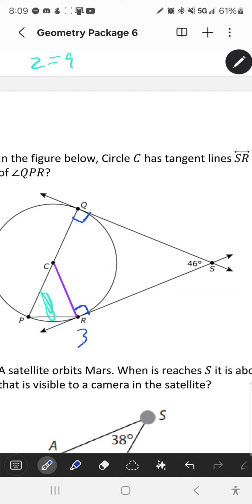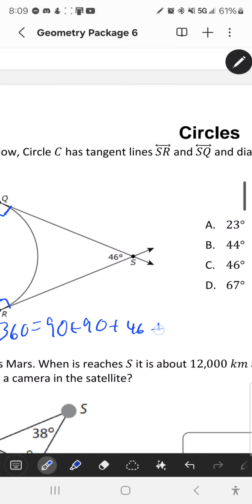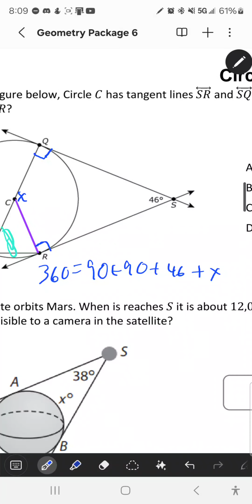So I can say that 360 equals 90 plus 90 plus 46, and then I'm missing this one. I'm just gonna call it x. So 90 plus 90, 180, plus 46 is 226.